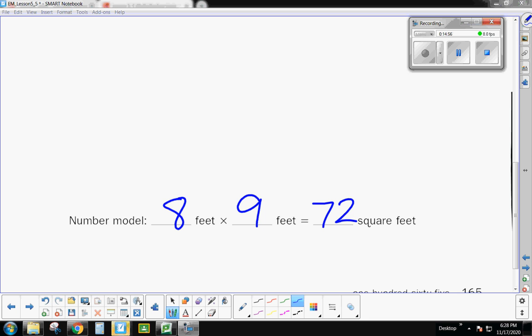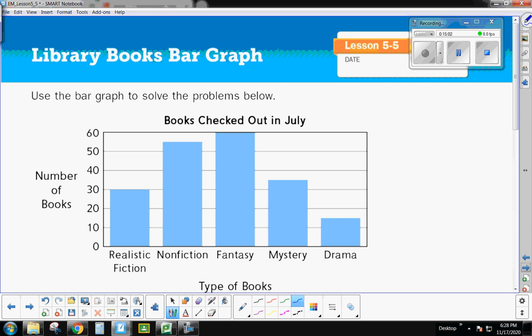But for now, I would like you to turn to page 166. We have another page in our workbook that goes along with this lesson, and it's just another review. This is a bar graph, and it's got some questions down below. This is a bar graph about books checked out in July. And so we can look down at our categories here.